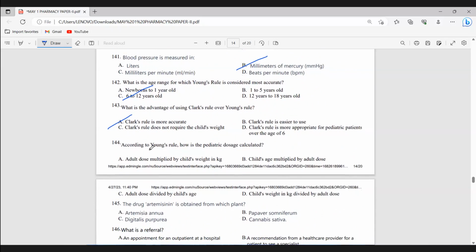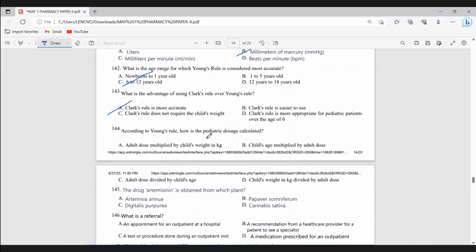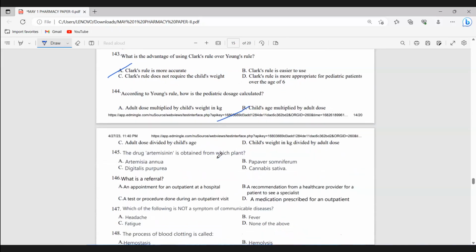Then 144, according to Young's rule, how the pediatric dose is calculated? According to Young's rule, it is child age multiplied by adult dose. Wait.